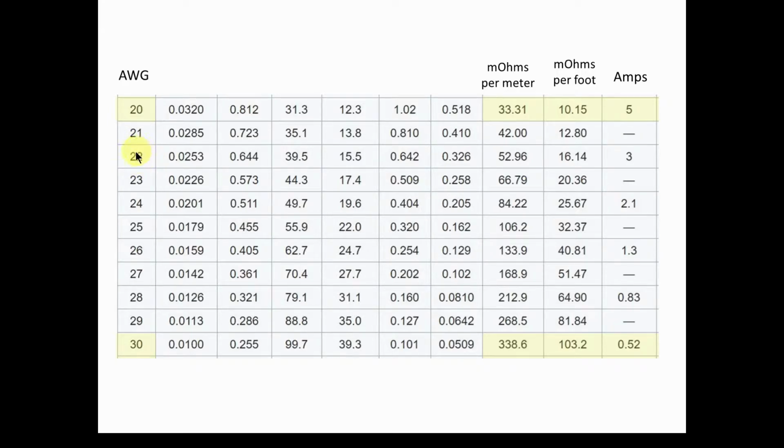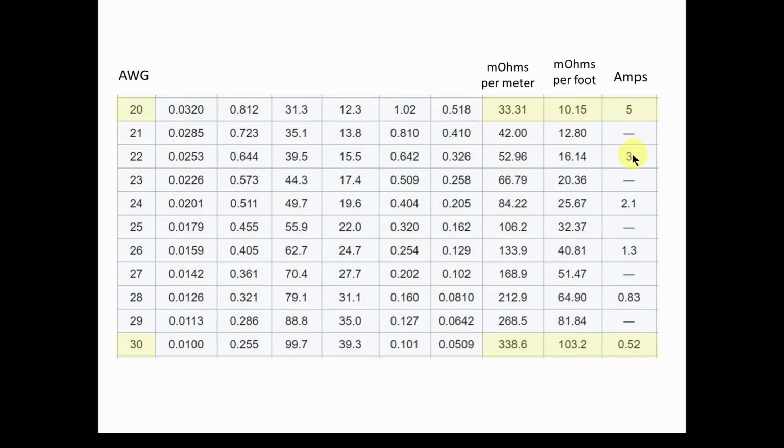We compared it to the number 22 wire and said, yeah, that looks about like a number 22 wire. If you look at the current rating for number 22, it's about 3 amps. Again, that varies depending on the type of conductor and thermals, but ballpark is that number 22 is about a 3 amp rating.